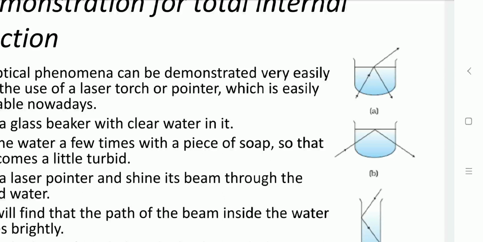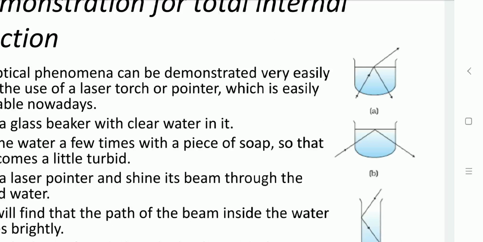In plain water we cannot see the proper intensity of the light, so make it dilute with a piece of soap and make the water turbid. In turbid water the intensity of the light is more visible.